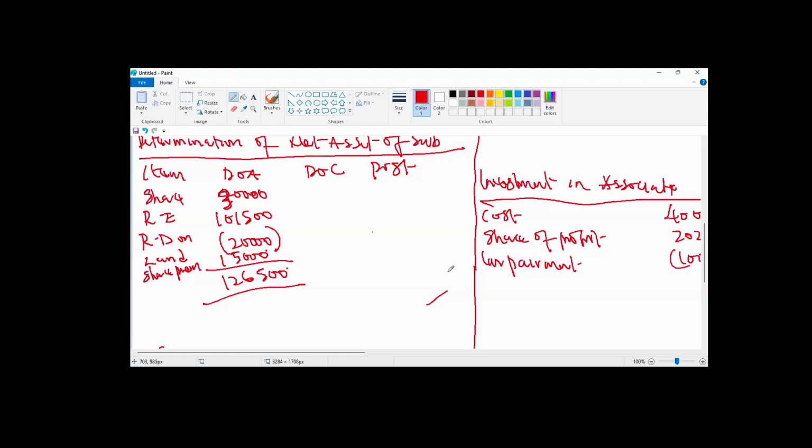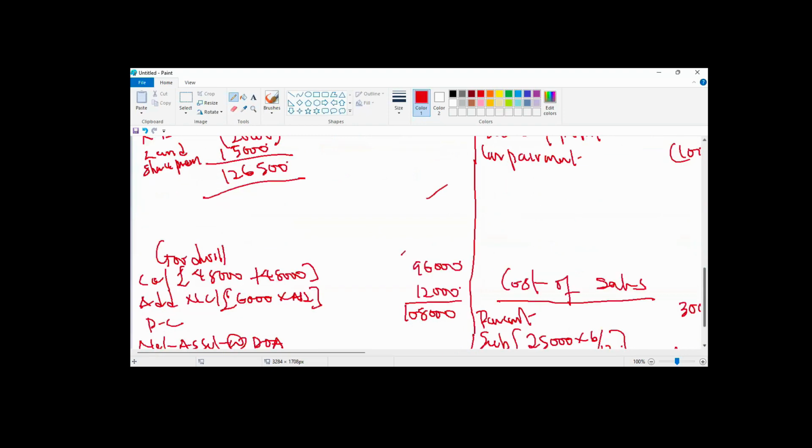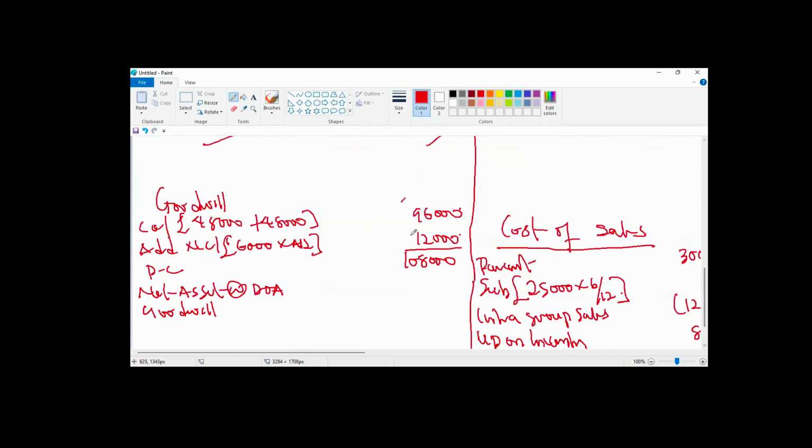I will not take 126,500. This is not a good way. This is a gain on purchase bargain.